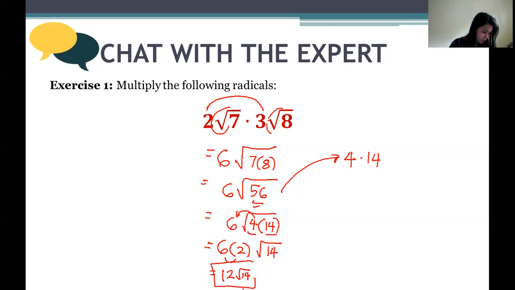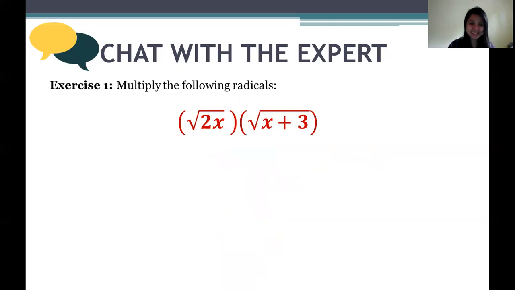Now let's go to the next one. Ready? Square root of 2x times square root of x plus 3. Now, we check their index. Do they have the same indices? Yes. Remember, if you could not see the index, it means the index is 2.